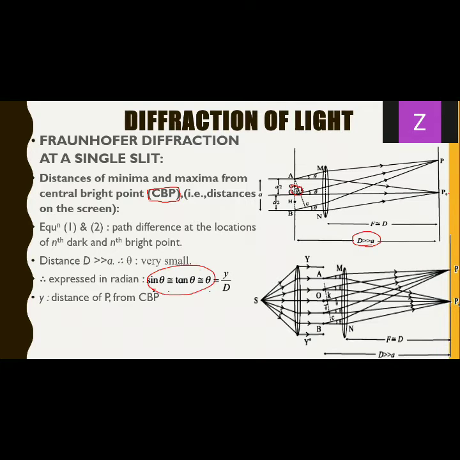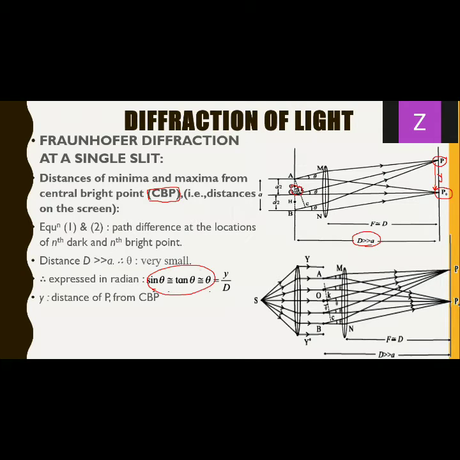CBP मतलब क्या है? यहाँ पे ये अपना point है, ये CBP है, central bright point. This is the point P which we have on this screen. And इन दोनों में जो distance है, this distance is what we are considering as y.